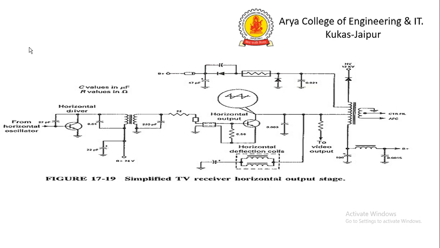Horizontal output from horizontal oscillator, horizontal driver, C value in microfarad, R value in ohm, horizontal output, horizontal deflection coil, to video output. So this is the main circuit diagram of the deflection oscillator.